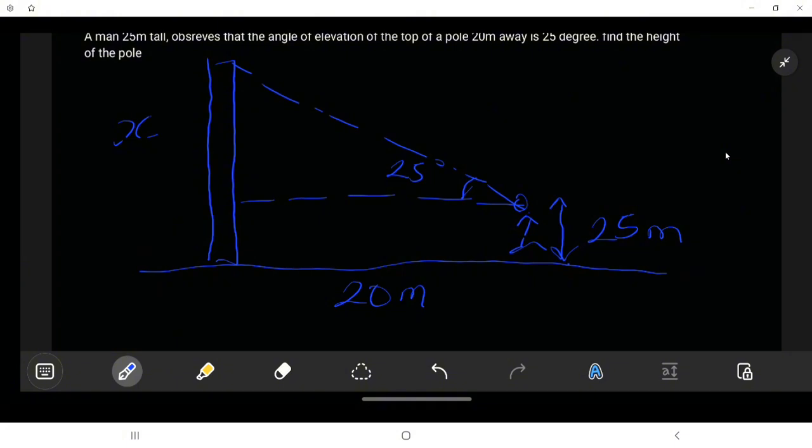That means from his horizontal plane to the ground should be 25 meters of the pole, meaning that this part of the pole is also 25. So what we have to do is just find here to here, then add it up with 25 meters, which is also the height of the man, to get the total height of the pole.